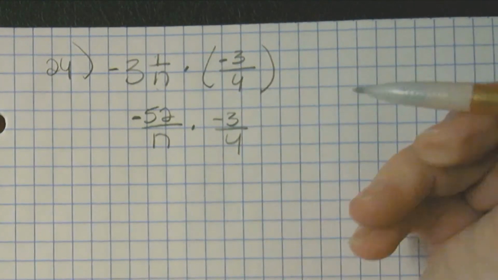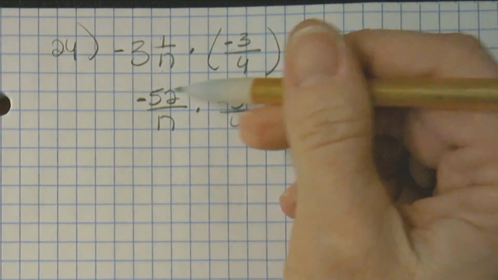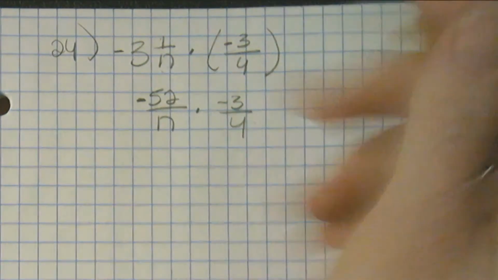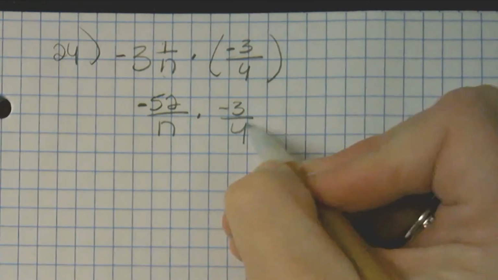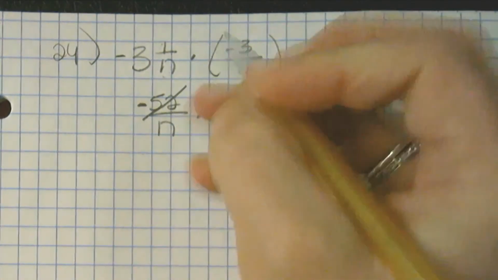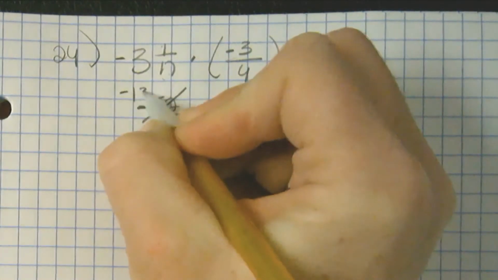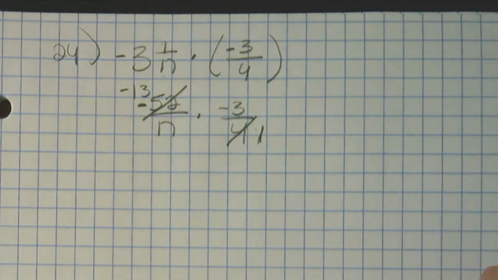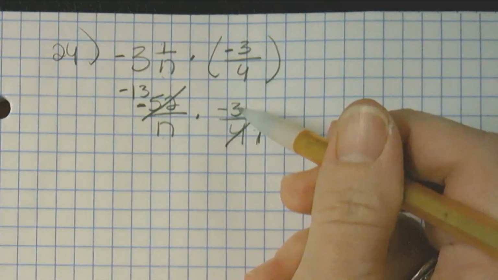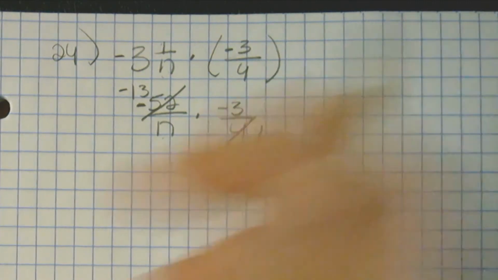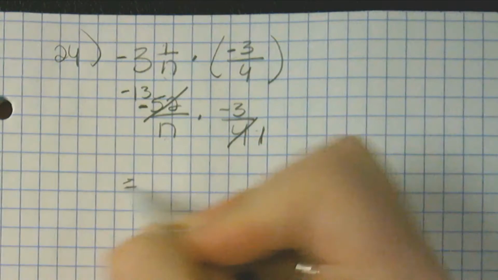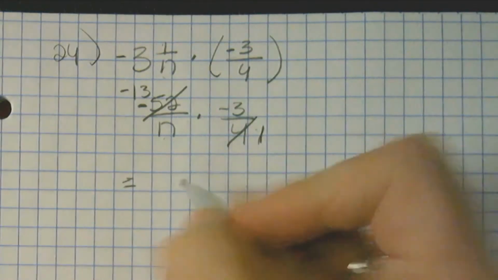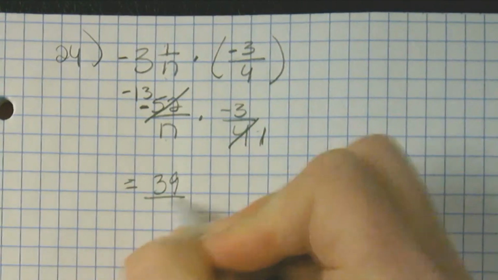Now I'm just going to try and divide up common factors. 52 and 4 both have a common factor of 4. So 52 divided by 4 gives me 13, so that 4 becomes a 1, and this negative 52 is a negative 13. 17 and 3 do not have a common factor, so now I need to multiply. 13 times 3 gives me 39. So positive 39/17ths.